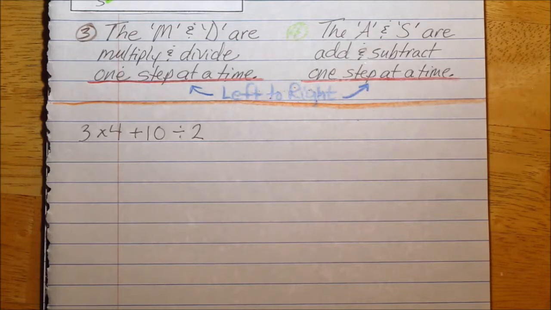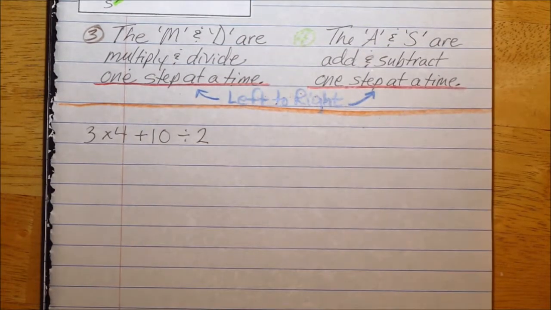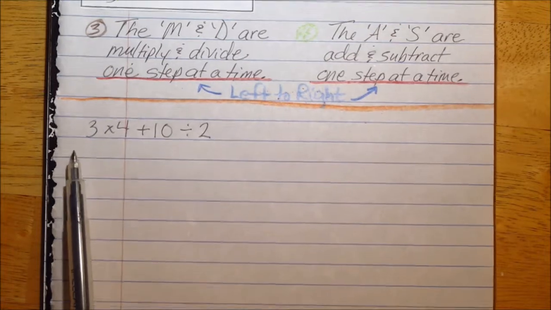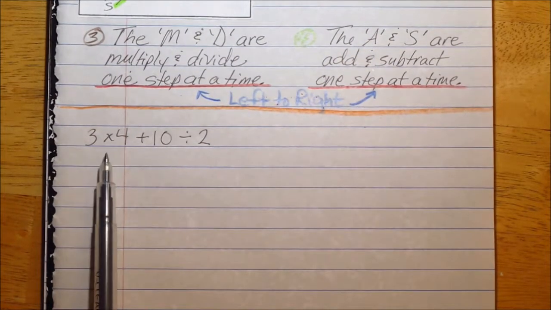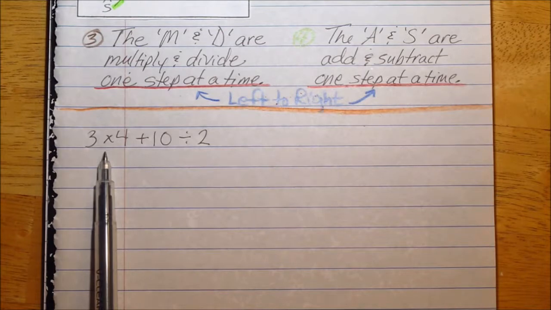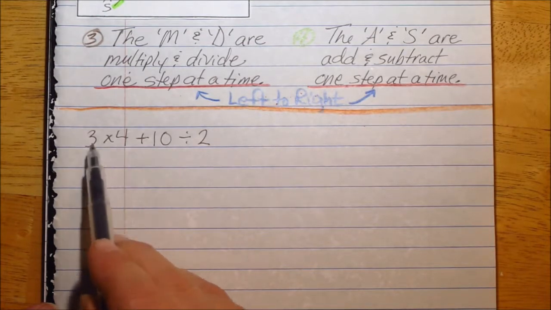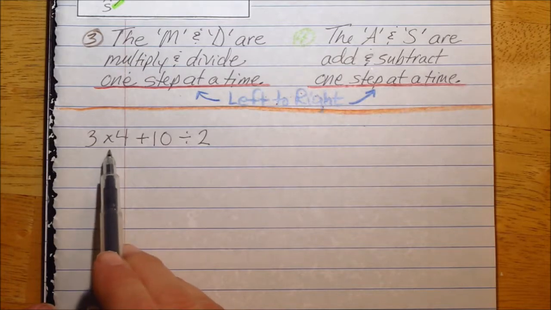Now, our order of operations says that I have to do multiplying and dividing before I can do any adding and subtracting. And when I look at my multiplying and dividing, I have to work from left to right, one step at a time. So working from left to right, I look for my very first operation, and it is a multiplication operation. Multiplication comes before add, so I have to do this one first. So that means I have to work out what is involved in this particular operation of multiplying.